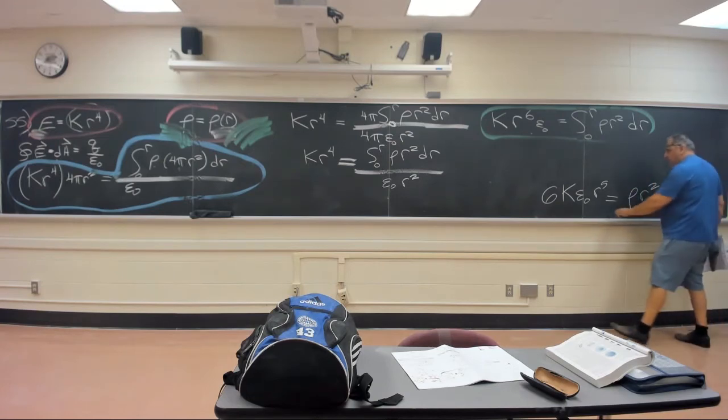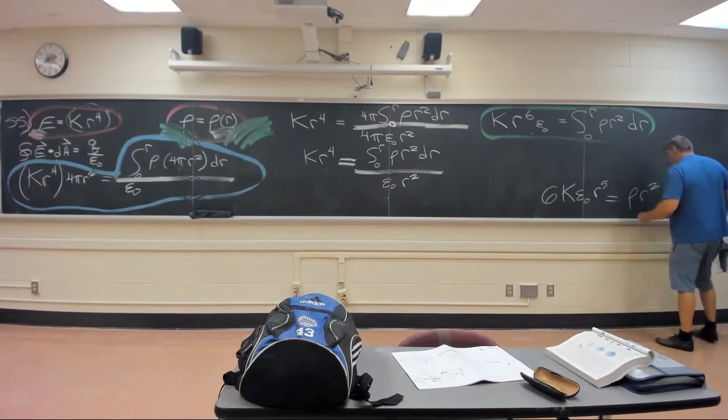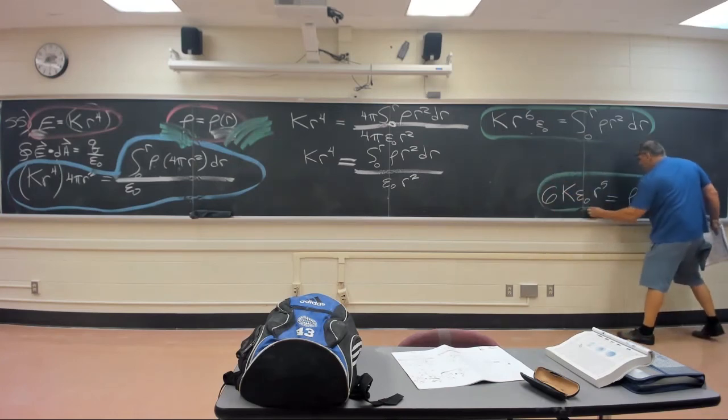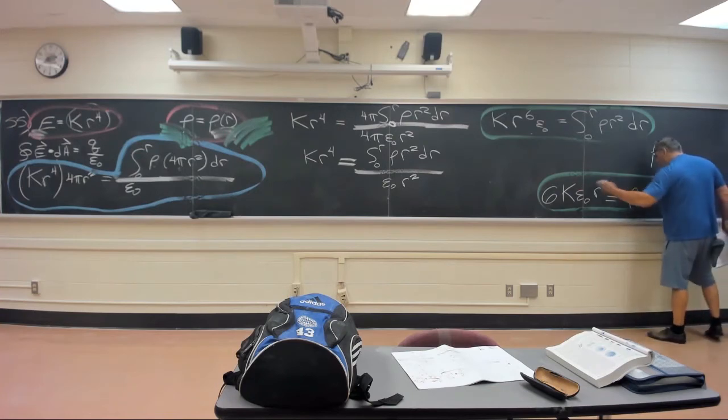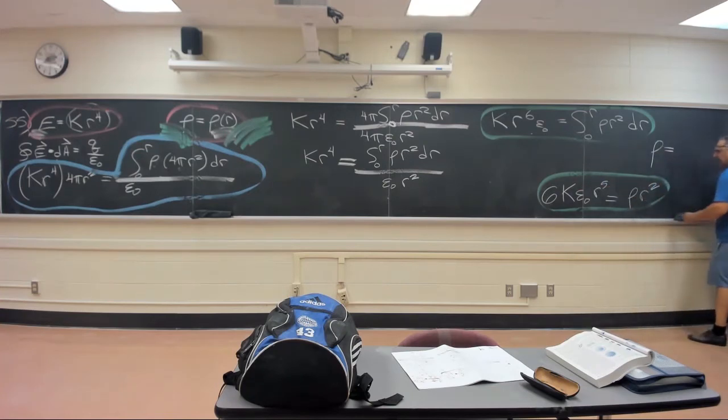Believe it or not, guys, we're really close to it now. If you want to find rho, what do you say you divide by r squared on each side? Rho of r is going to be all this divided by r squared. Divide by r squared on each side. 6 K epsilon naught r to the third.